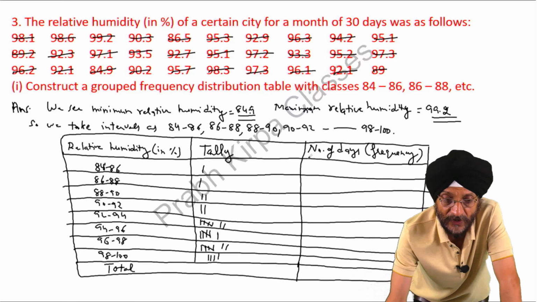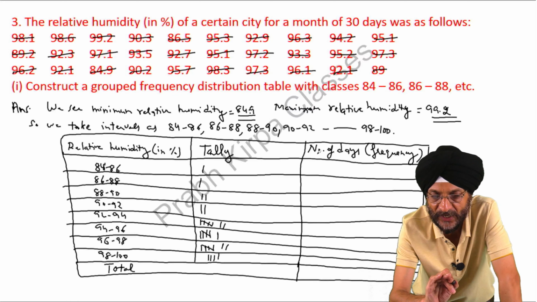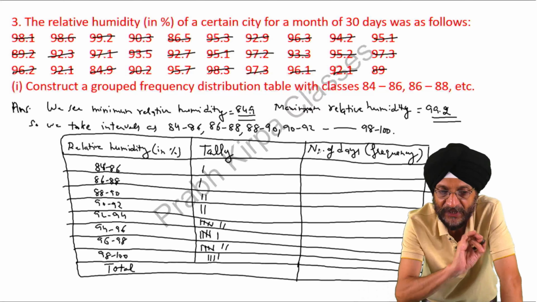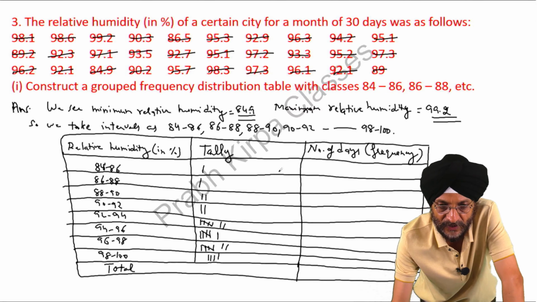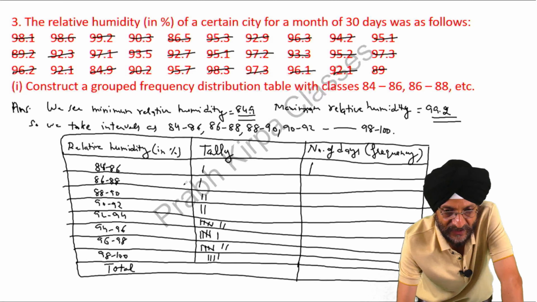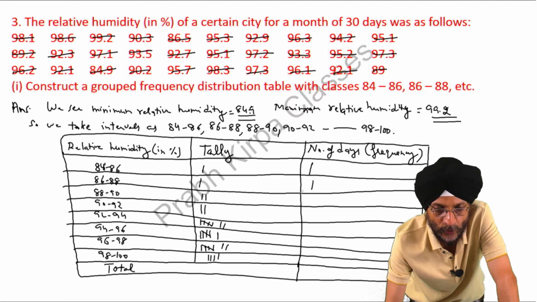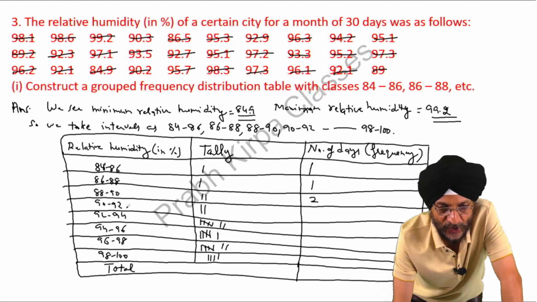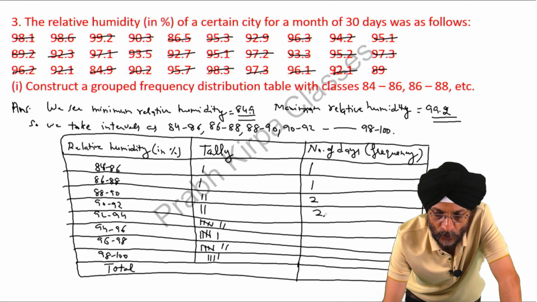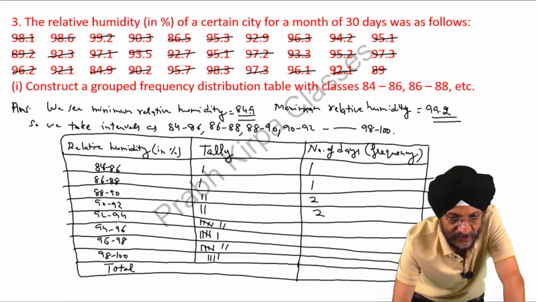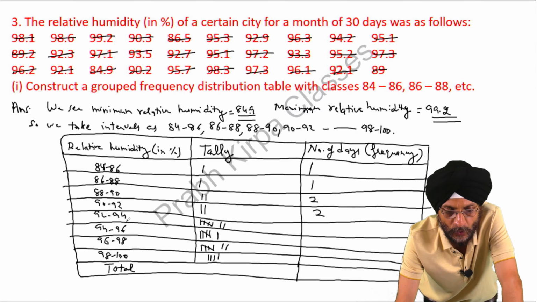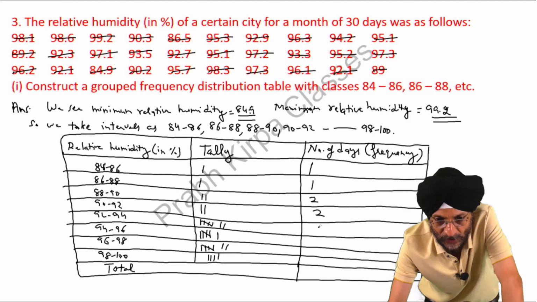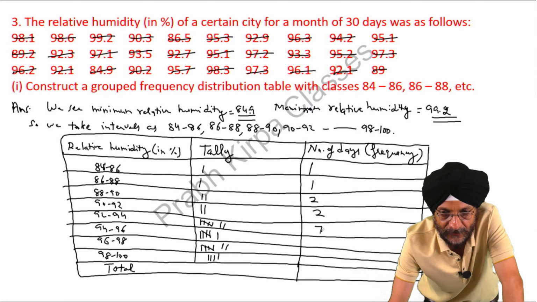So now here we will count. The relative humidity was between 84 to 86 only for one day, then 86 to 88 for one day, 88 to 90 for 2 days, 90 to 92 for 2 days, and between 92 to 94 for 7 days.